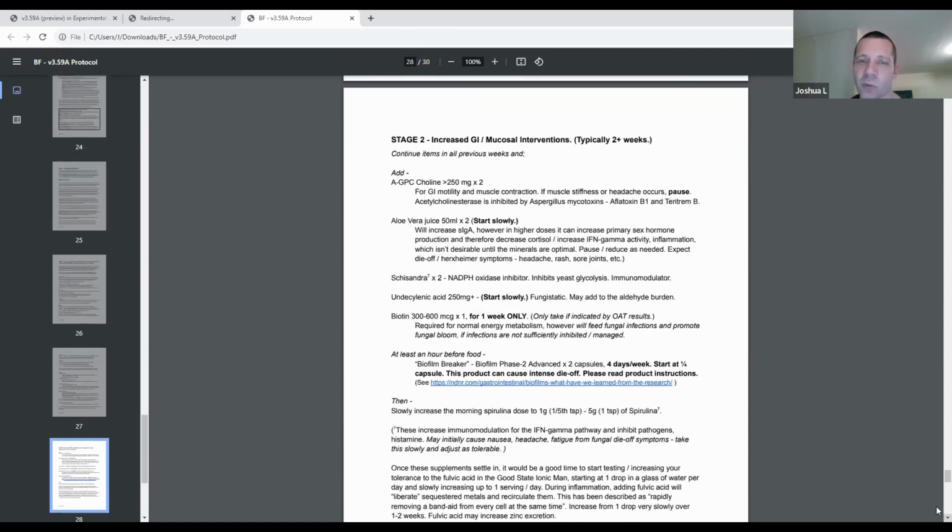Okay, stage 2. So we started off stabilizing metabolism, beginning the detox, and then we start really going after the biofilms. In this case, what we have here is the alpha GPC choline, and that's just part of the expectation that some of the choline metabolism might be lacking, and it's also dietary restrictions.